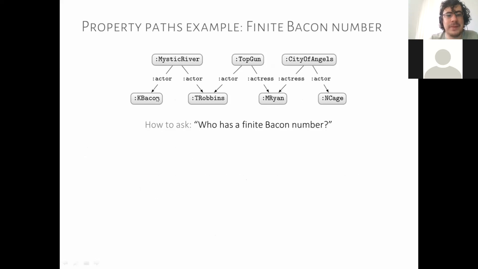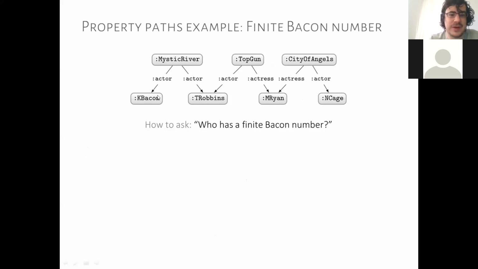So here we have Kevin Bacon. And a Bacon number is essentially how far away you are in this co-acting graph from Kevin Bacon. So Tim Robbins in this case would have a Kevin Bacon number of 1. Meg Ryan would have a Kevin Bacon number of at most 2.